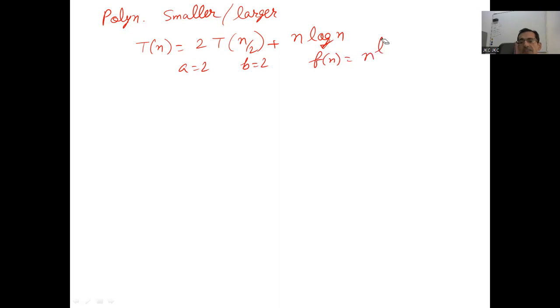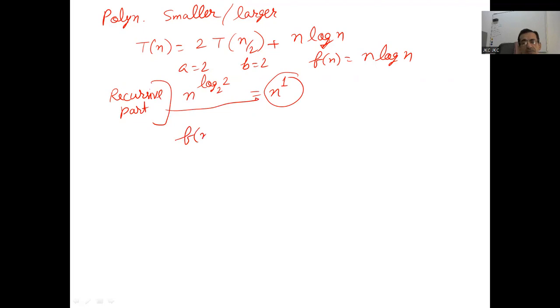So n power log_b a will be n power log base 2 of 2, which becomes n power 1. So one side is this, because of the recursive parts. The recursive parts will give this much contribution, that's for sure.